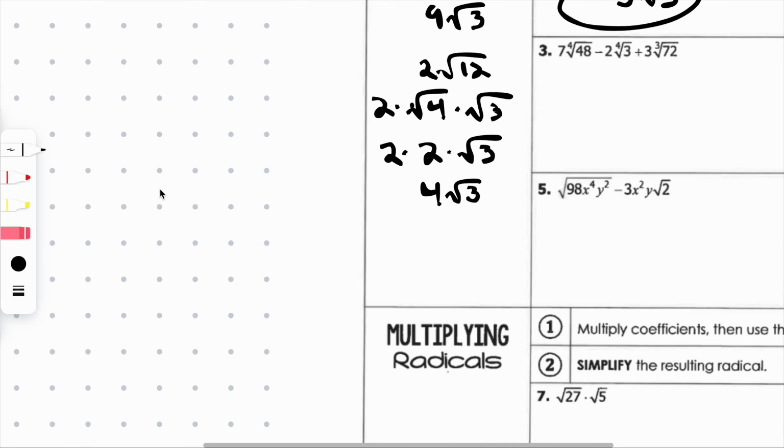We have 4, which is not a factor of 98. We have 5, which isn't going to be a factor. We have 6, which isn't going to be a factor. We have 7, which is going to be a factor.